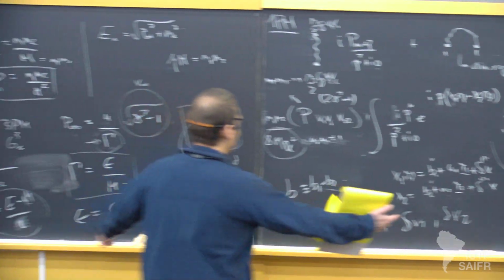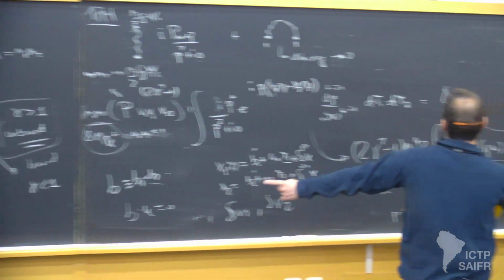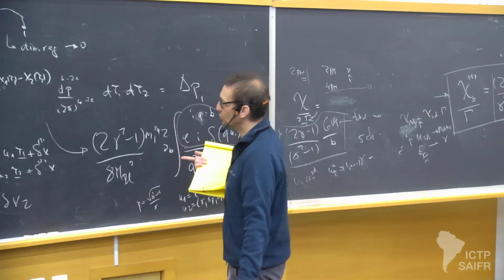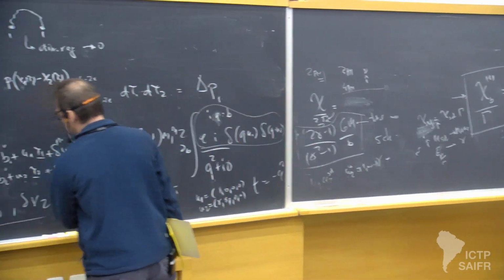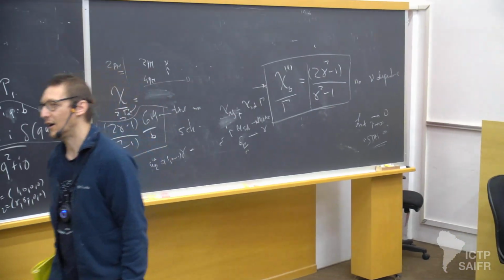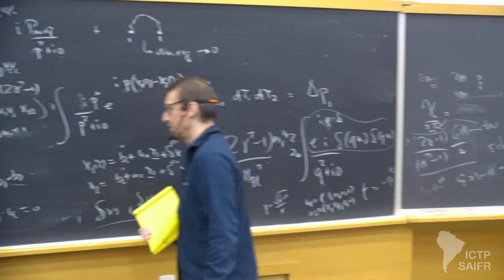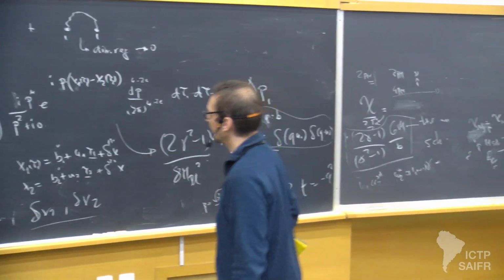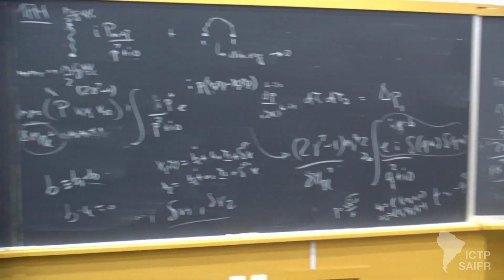So this calculation is the same. I'll show you in a minute. This is usually the annoying part of the calculation. The hard ones are here. Well, both are hard.